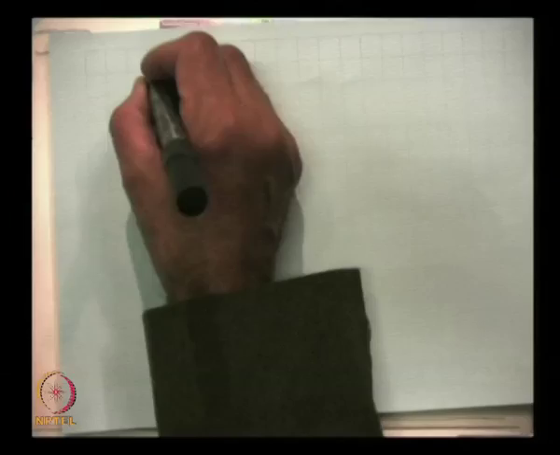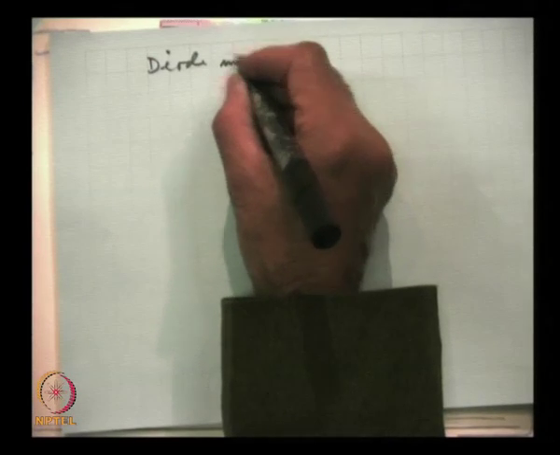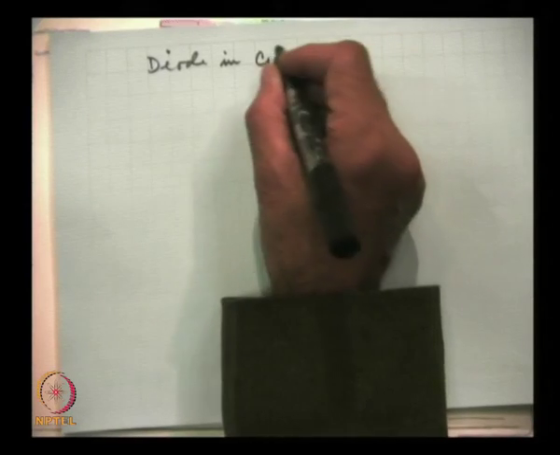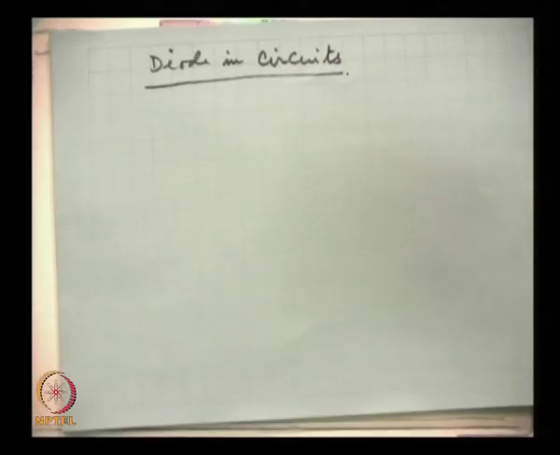This was about the device and its physics, the properties associated with the diode, and now we talk of diodes in circuits.